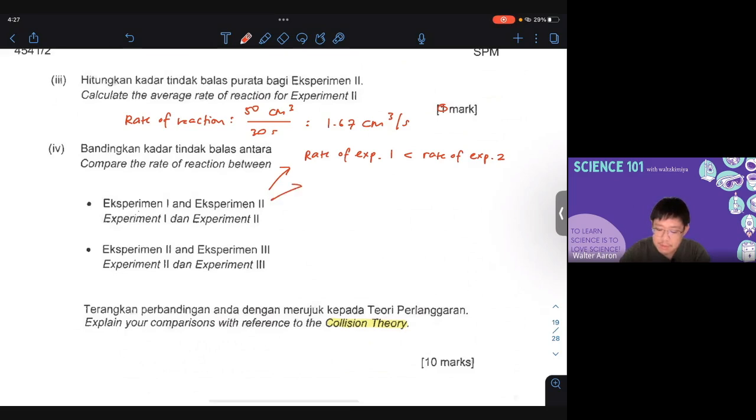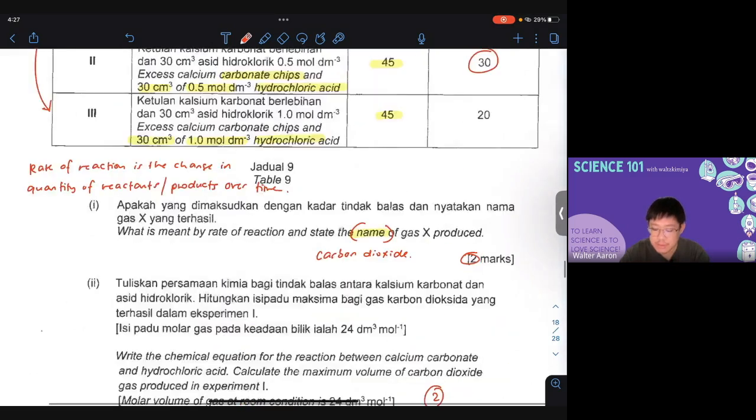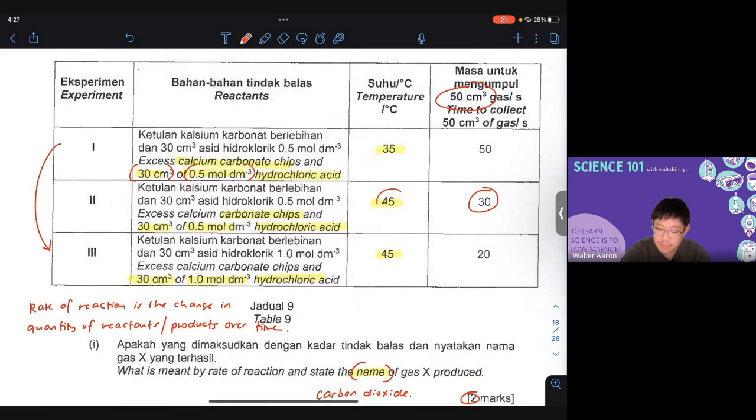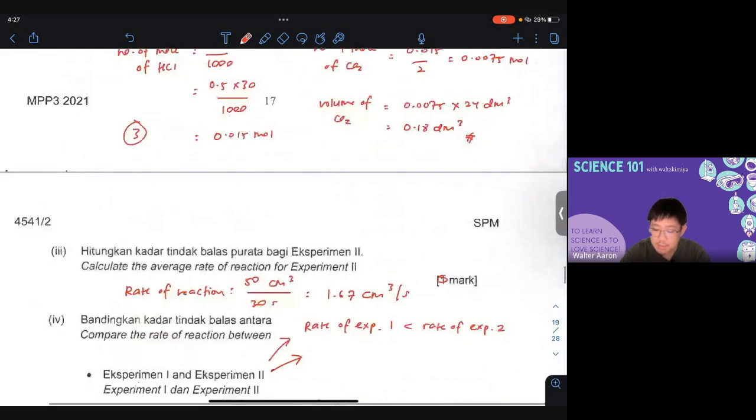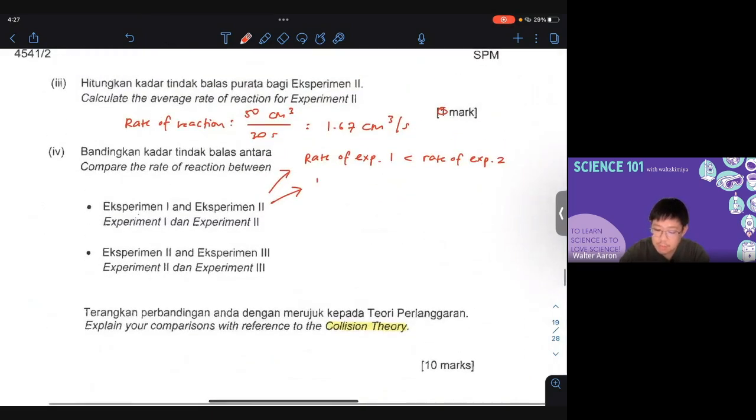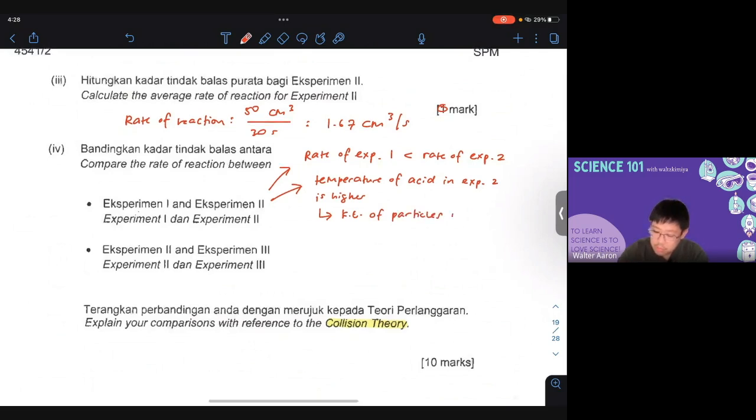And then what happens next is actually explain why. Of course, you can see one uses a higher temperature, 45, and one uses a lesser, although they are using the same marble chips. So you say here, temperature of acid in experiment 2 is higher. Now explain why. Because then it will cause the kinetic energy of particles to be higher.